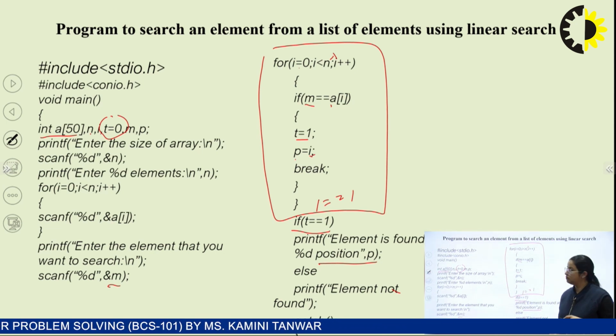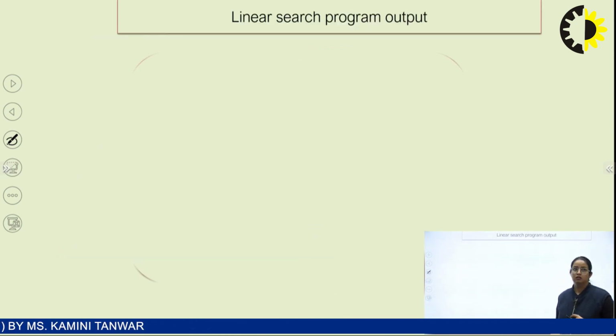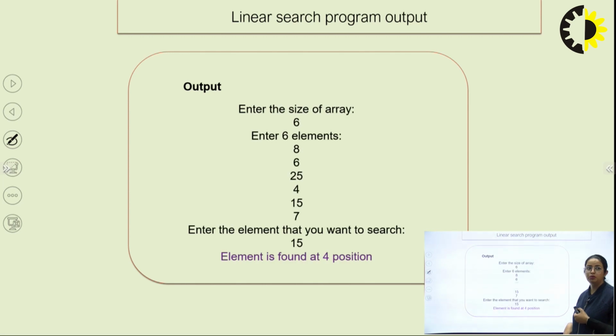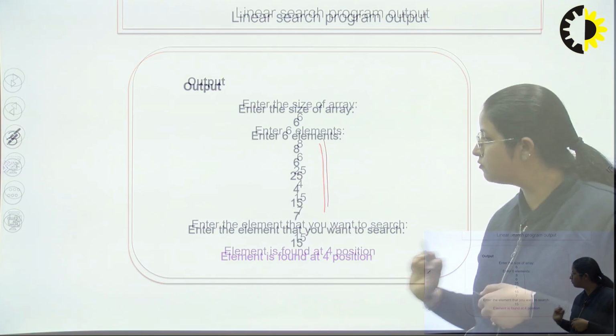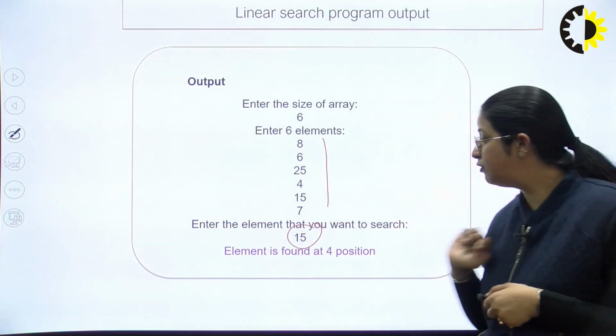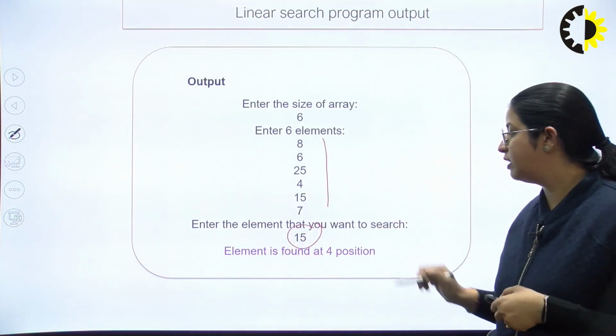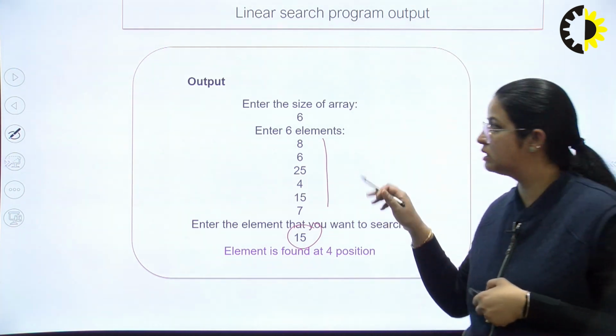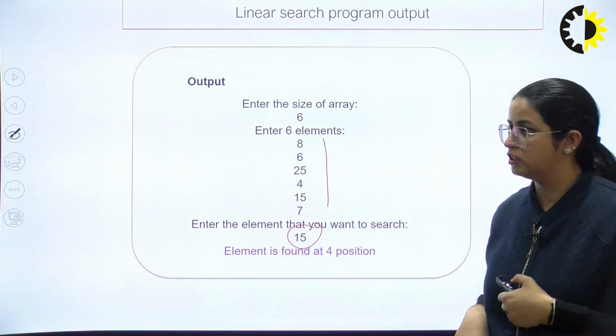So this is all about linear search, and you can see the output of the linear search. First we enter the size 6, then these are the 6 elements. We want to find the element 15, so the element is found at position 4. This is the output of the linear search program.